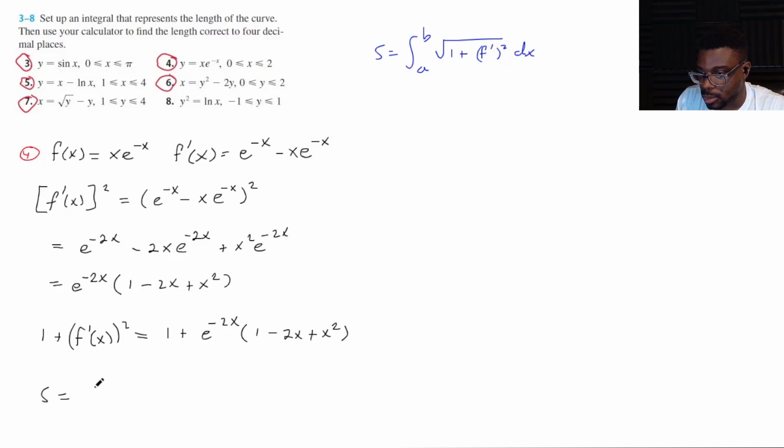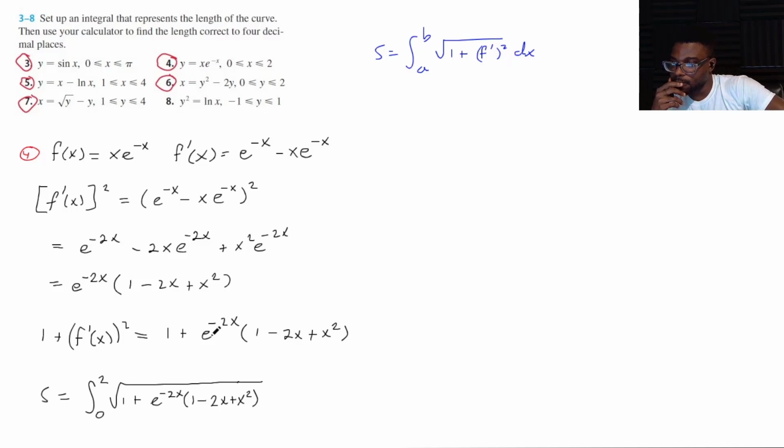We'll say s is equal to the integral from, now we're going from 0 to 2 here, so 0 to 2 of the square root of 1 plus e to the negative 2x times 1 minus 2x plus x squared, times dx.